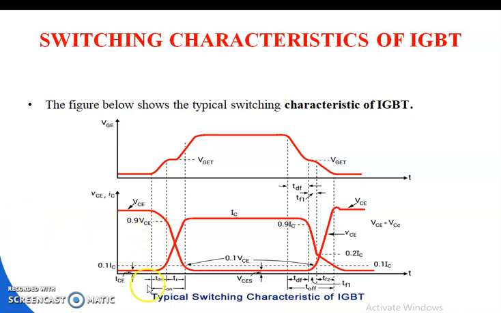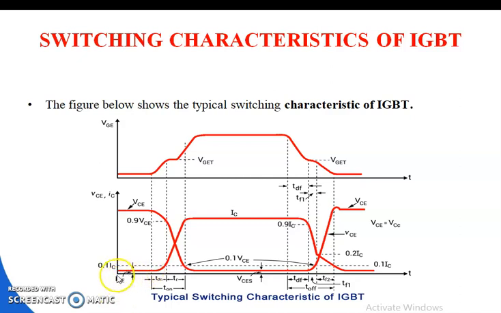Otherwise, it is also defined as the time taken to rise the collector current from 0 to 0.1 IC.